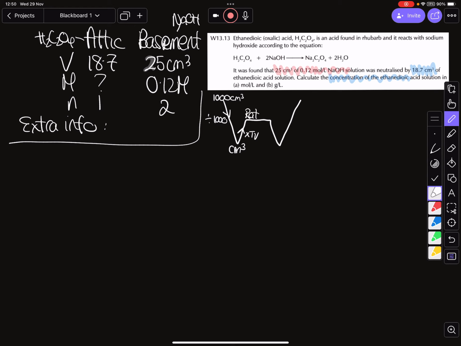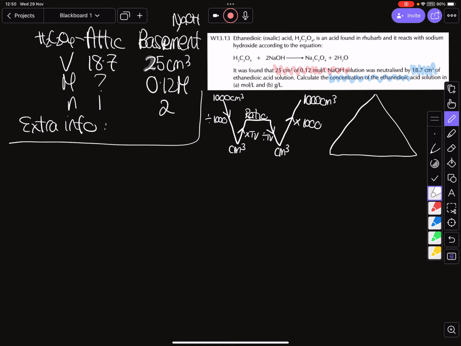Once we figure out those moles, we're going to use our ratio across the top. We're then going to go down, so we're going to divide by our other tighter volume, and find how many moles are in a centimetre cubed of that. And then finally, we're going up, so we multiply by 1,000, and that's going to give us our moles in 1,000 centimetres cubed of, in this case, our ethane dioic acid.